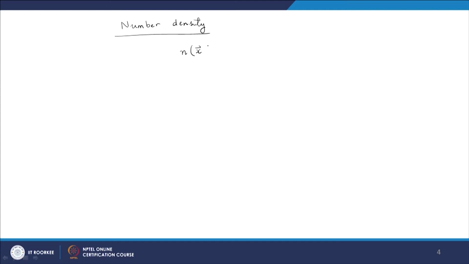So we can add up delta functions for every particle at a particular position x, and since the delta function has a unit of 1 by volume, we do get a number density. So we sum over all the particles for a particular position x.